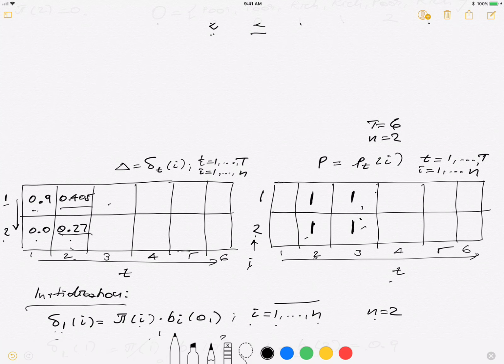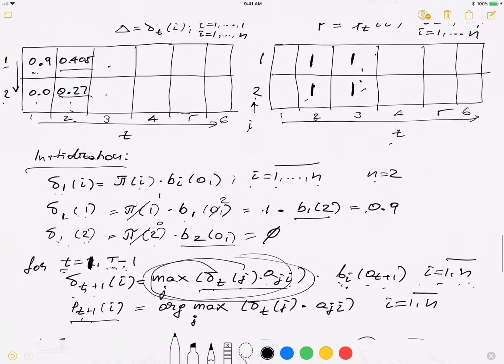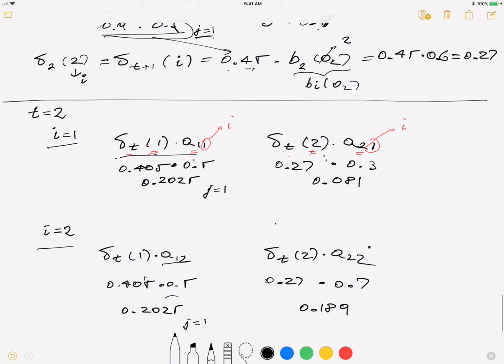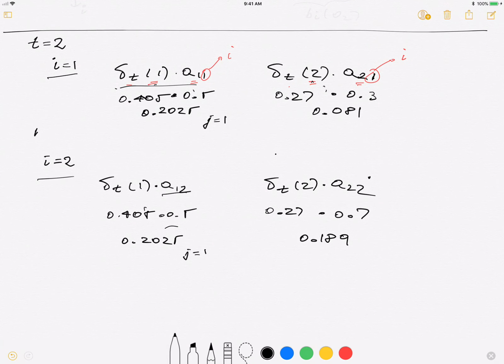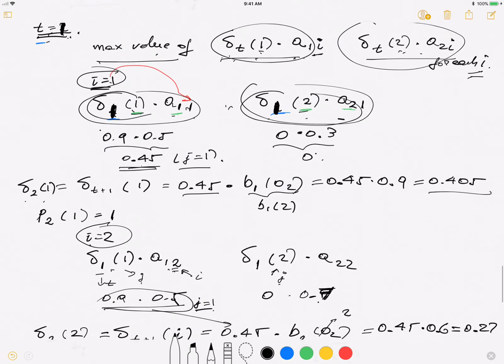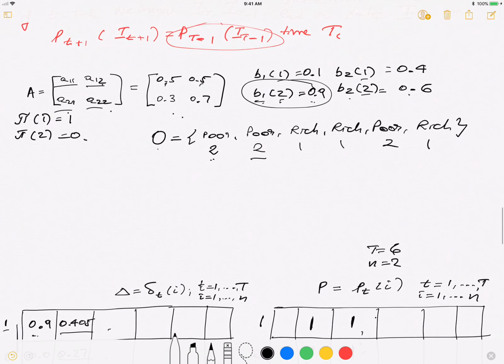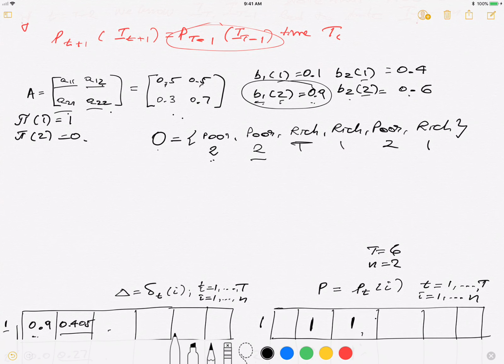And in order to calculate these two values, I need to see basically what would be bi of O3. So what is bi of O3? O3 was the third output. The third output is now rich, which is 1.